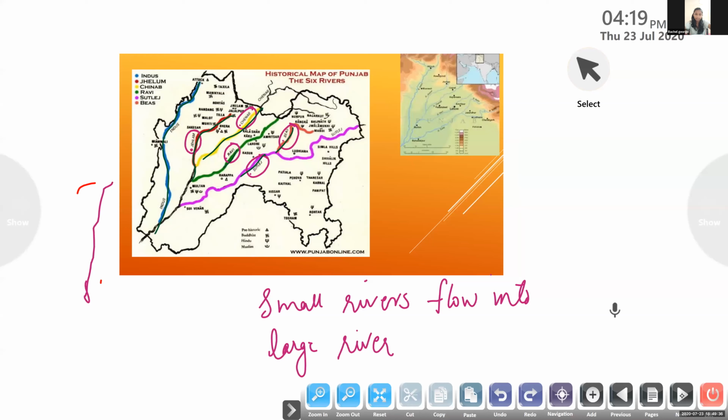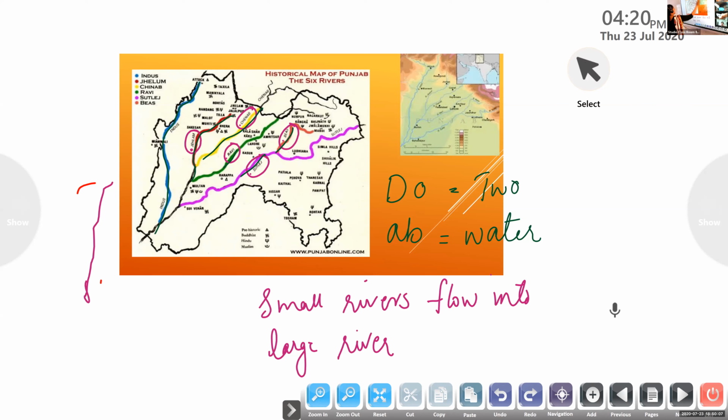The next point, what we discussed: dominated by Doabs. Very good. The Punjab plain is dominated by Doabs. Do means what? Two. Very good. Ab means water. Then land between rivers. I will explain with the help of this map.